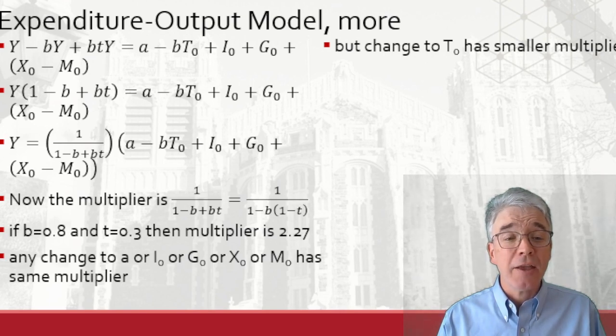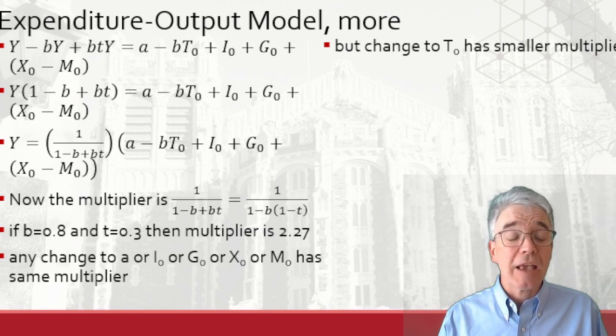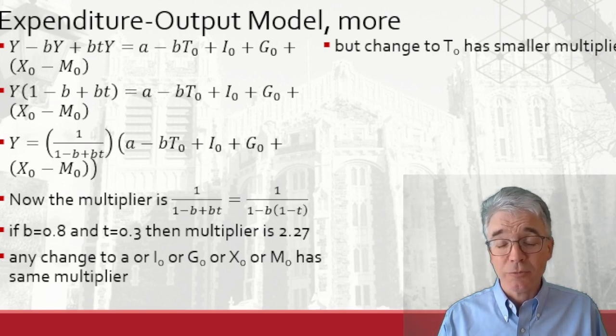Any change to a or I naught or G naught or X naught or M naught has the exact same multiplier. Changes to t naught have a smaller multiplier because of the additional b term there. We'll go into more detail about that later. As we get into more complex models, we'll see the value of the multiplier can be changed around.